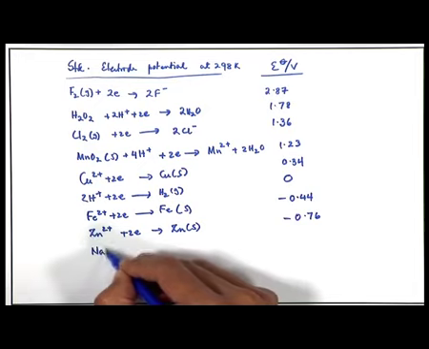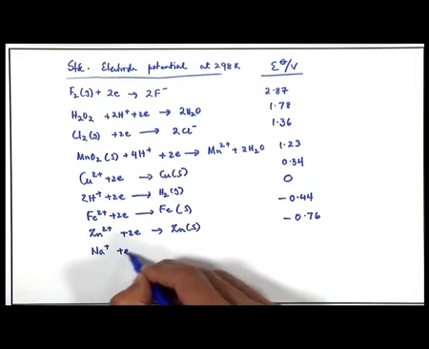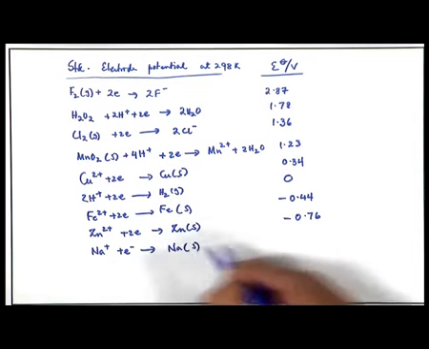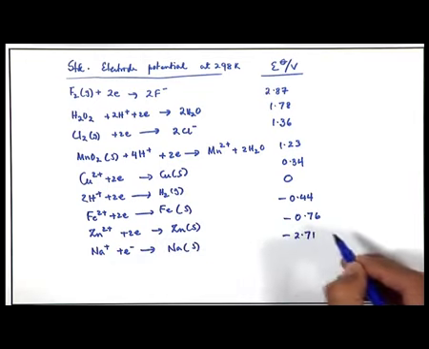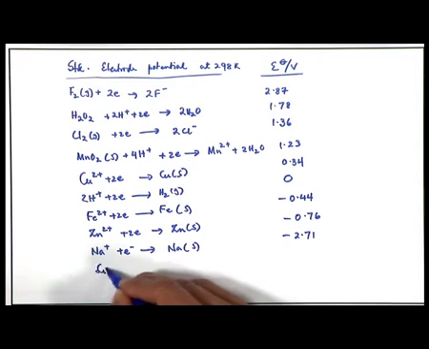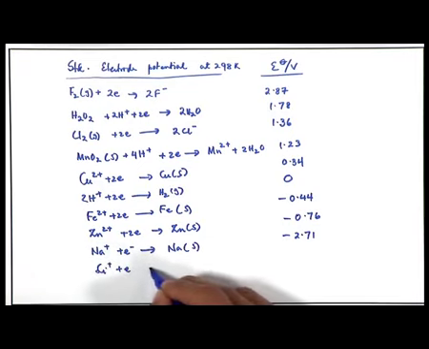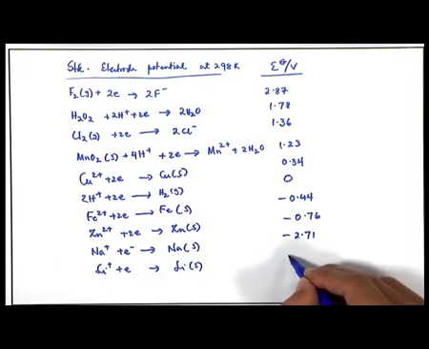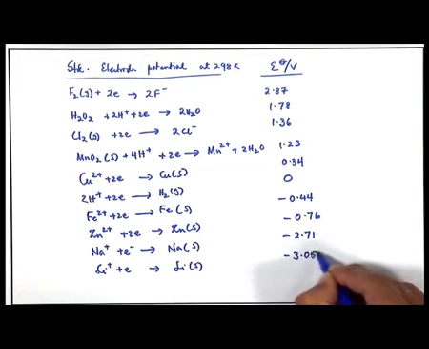Sodium plus plus electron gives sodium solid, minus 2.71. Then lithium plus plus electron gives lithium solid, it is minus 3.05 volt.